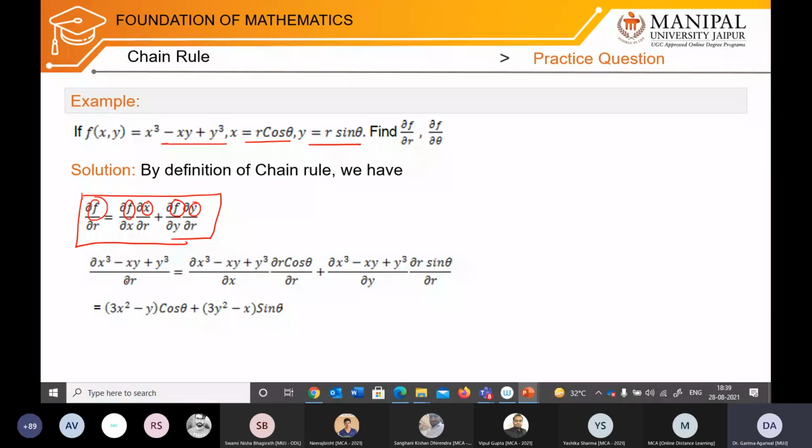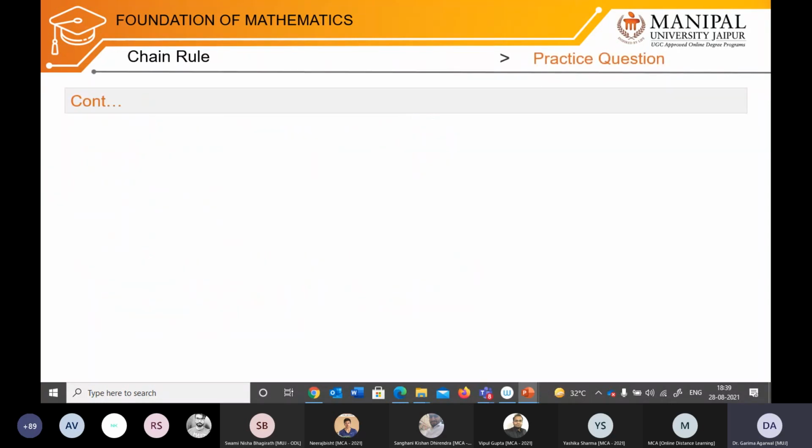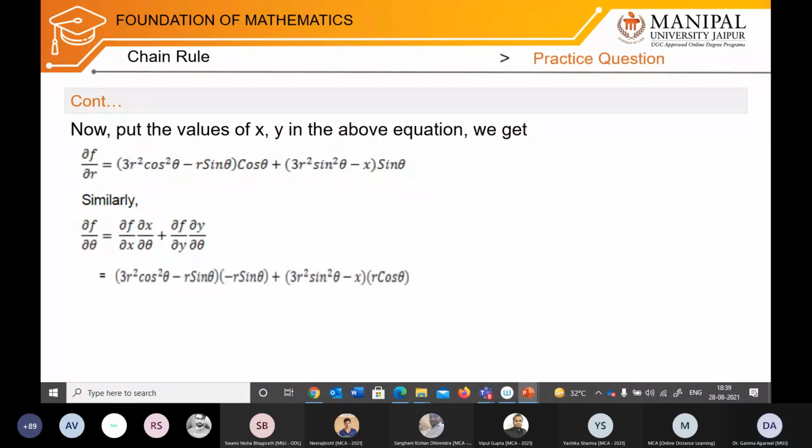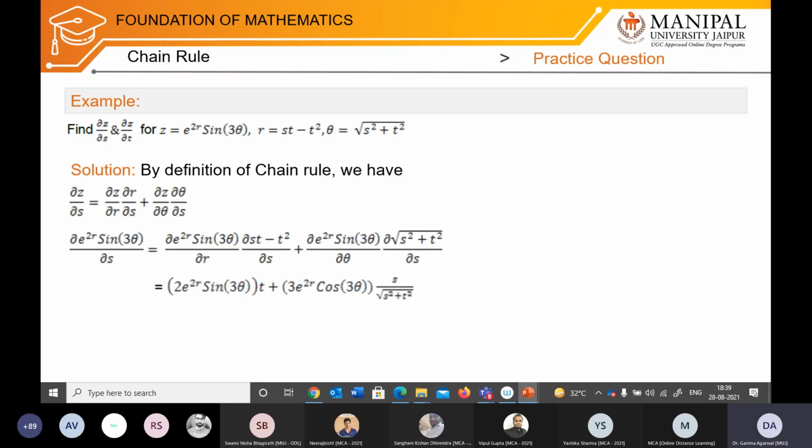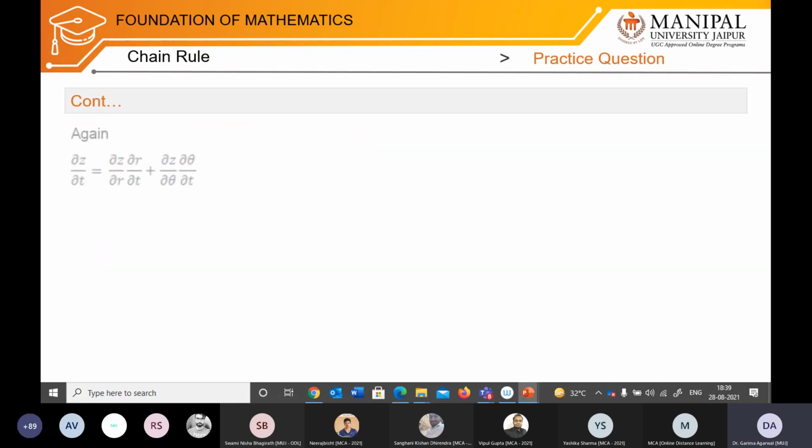Just remember, if you are partially differentiating with respect to x, that means y is treated as constant, and if you are partially differentiating with respect to y, that means x will be treated as constant. These are a few examples based on chain rule.